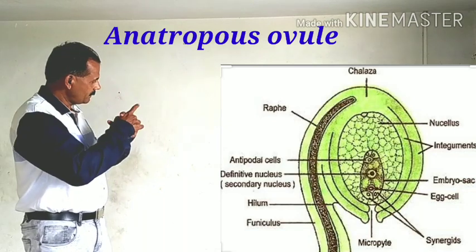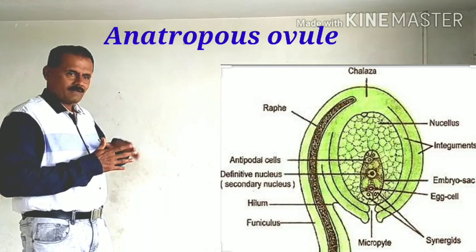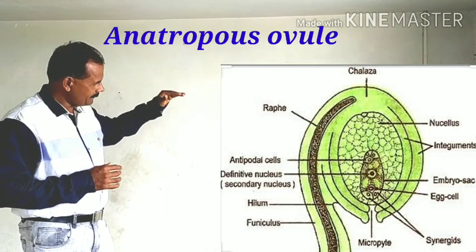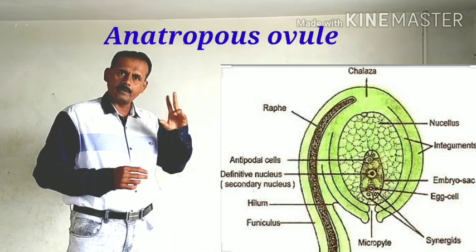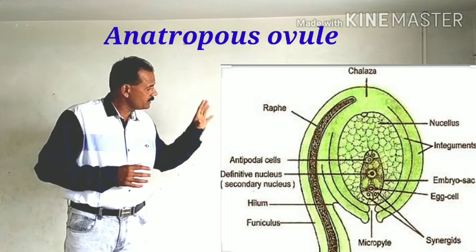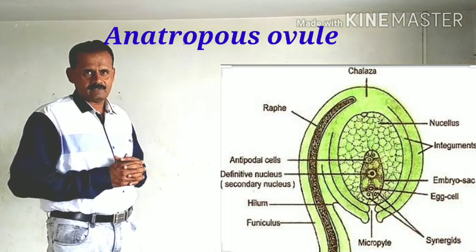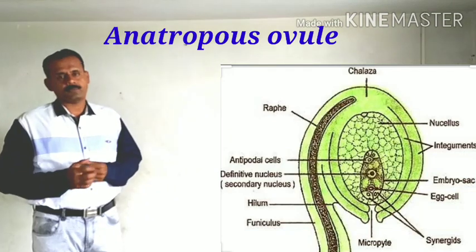Thus the ovule shows different parts, that is funiculus, hilum, raphe, chalaza, micropyle, 2 integuments and central nucellus. When the ovary matures, in the nucellus, female gametophyte is produced.